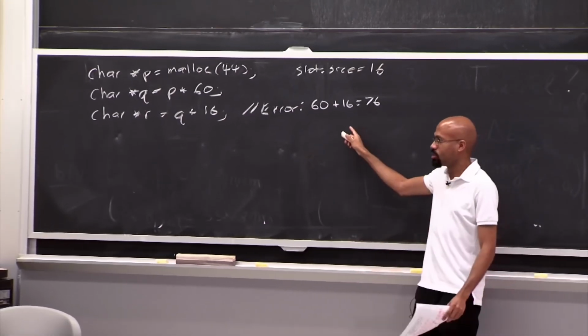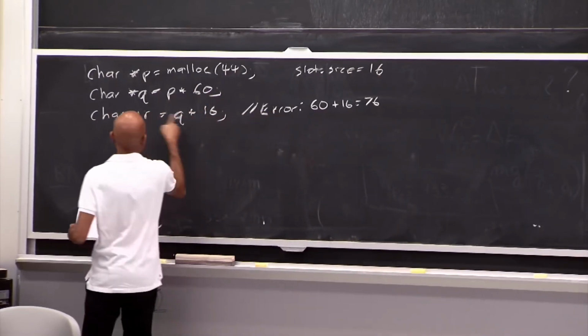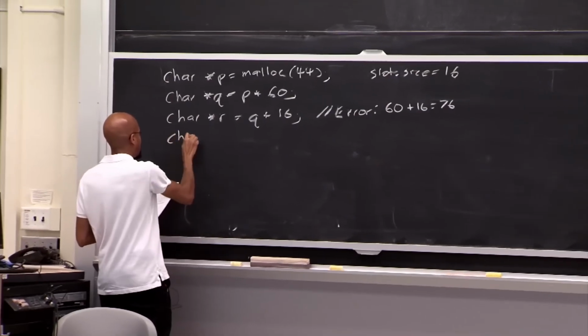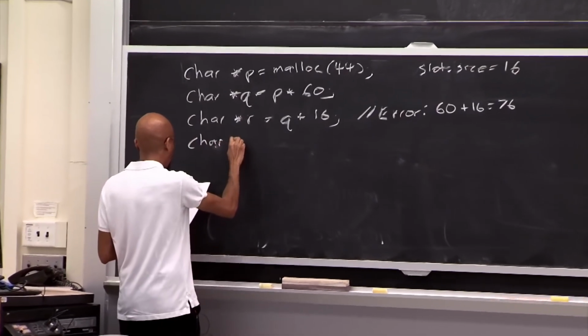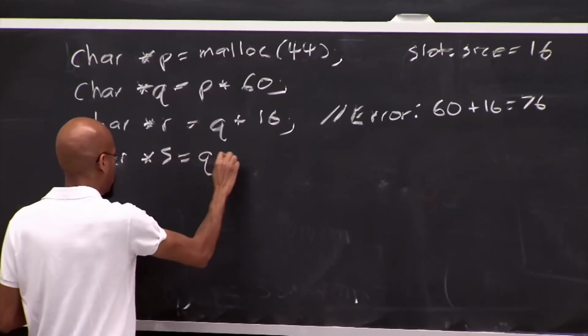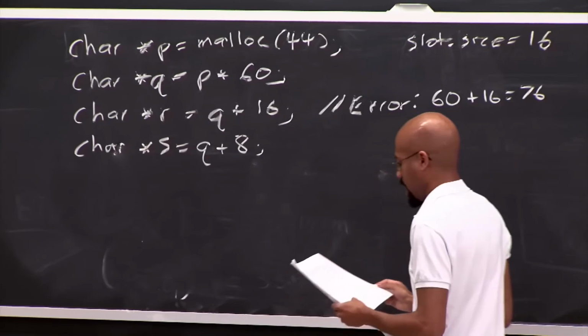Now, let's imagine that we didn't have this line of code in the program. We had these two, but not this one. What if, instead of this line, we did something like this? We declare another pointer, let's call it S, and we set it equal to Q plus 8.